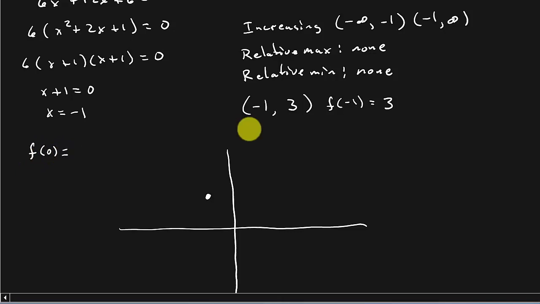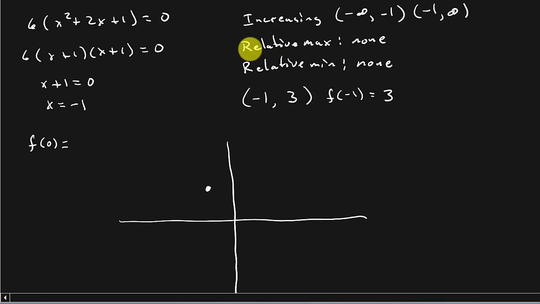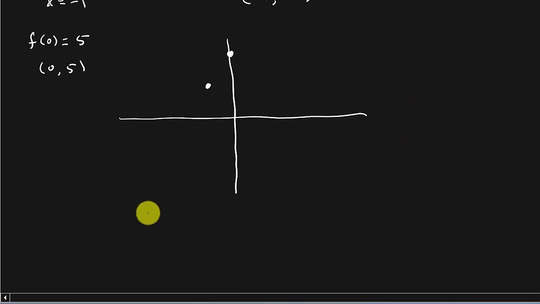I mean, it's not going to do anything at 0, but it gives us another point to look at. So if we plug 0 in, we're going to get 5 as an answer. So we would have the point 0, 5. So we know it's going to go across the y-axis there. But just notice from -infinity to -1, -1 to infinity, this thing's increasing. So this thing's going to come like this.